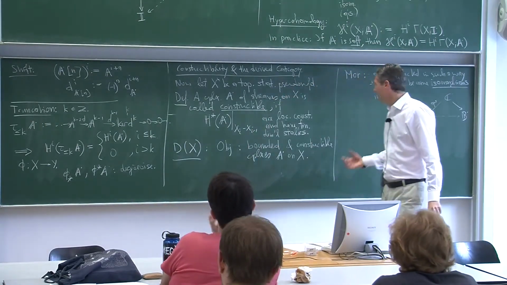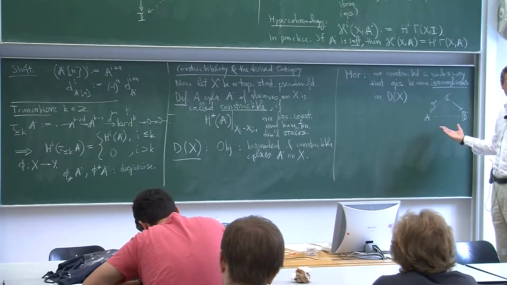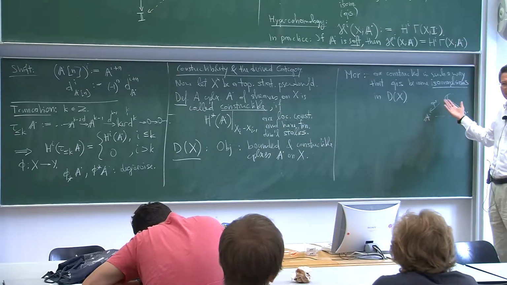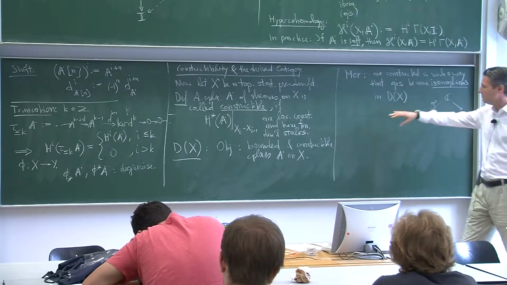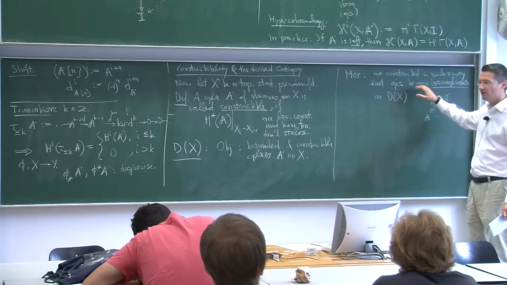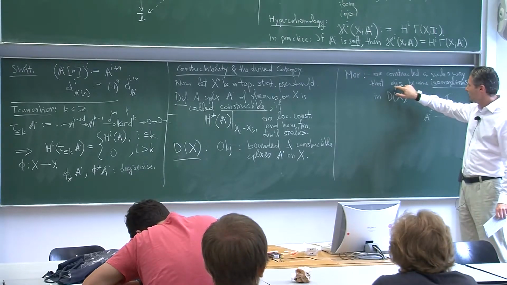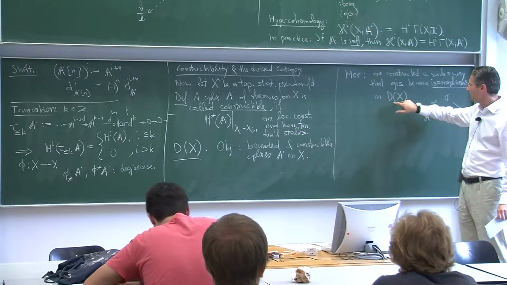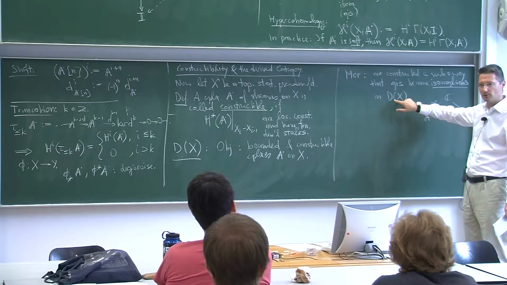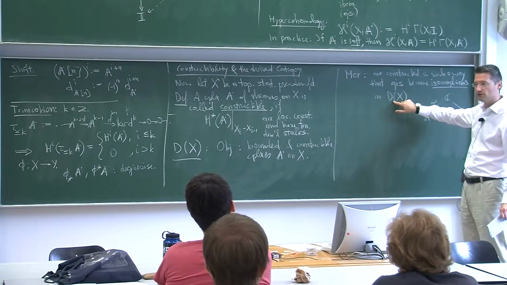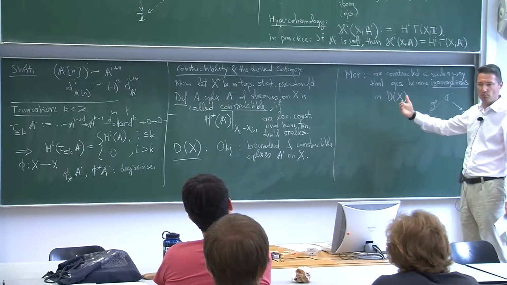Actually, you don't really need to know it, because it never enters explicitly into any argument. You just need to know it to see how to make this into a category such that this is true. Later, the only thing you use is that if you have a quasi-isomorphism in this category, it will have an inverse, whereas it might not have an inverse as a morphism of complexes.